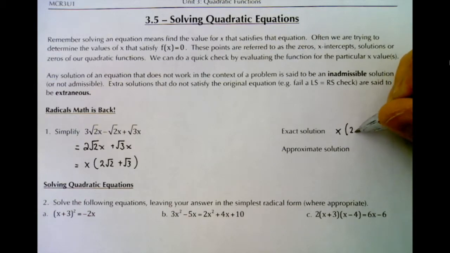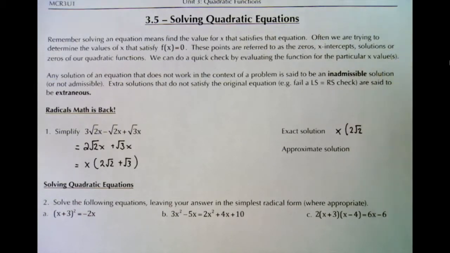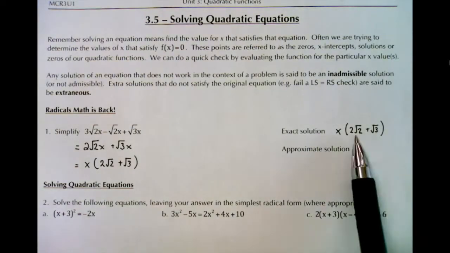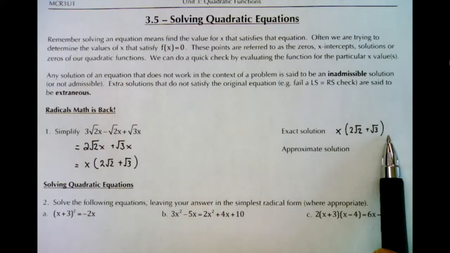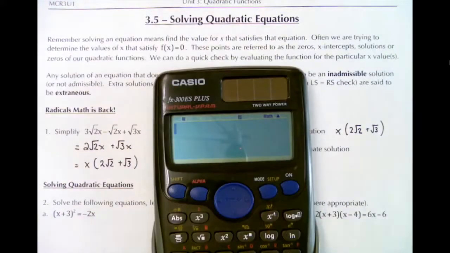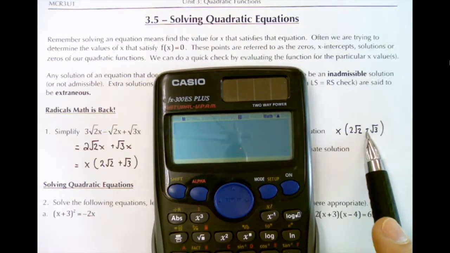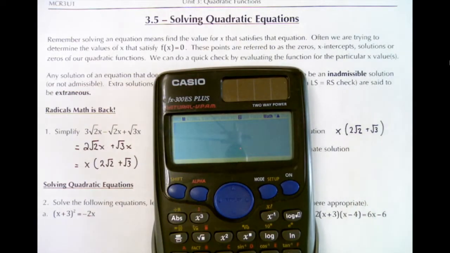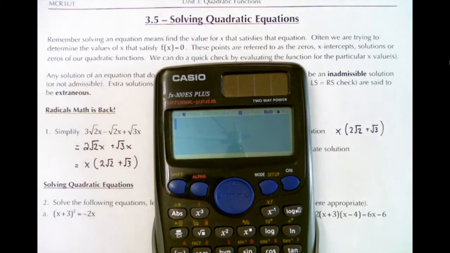It's an exact answer to the question of simplify. But the key is we don't have any decimals. If we wanted an approximate solution, we would just type in 2 root 2 plus root 3, and we'd actually get a value, and we could say that value times x.